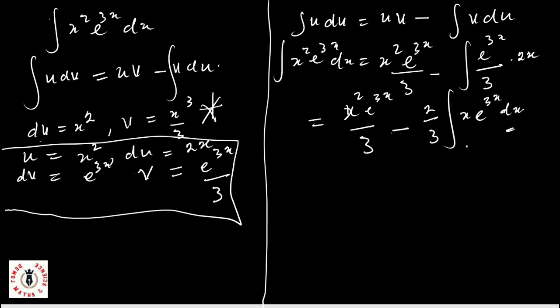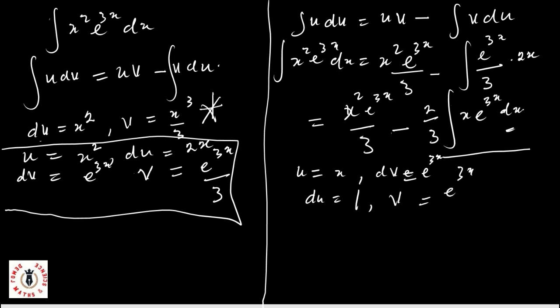Now we still have another integration by parts. And this time around, we'll say let my u be x, my dv will be e raised to power 3x, so that du will be the same thing as 1, and v will be the same thing as e raised to power 3x over 3. Then we can substitute just like we did initially.